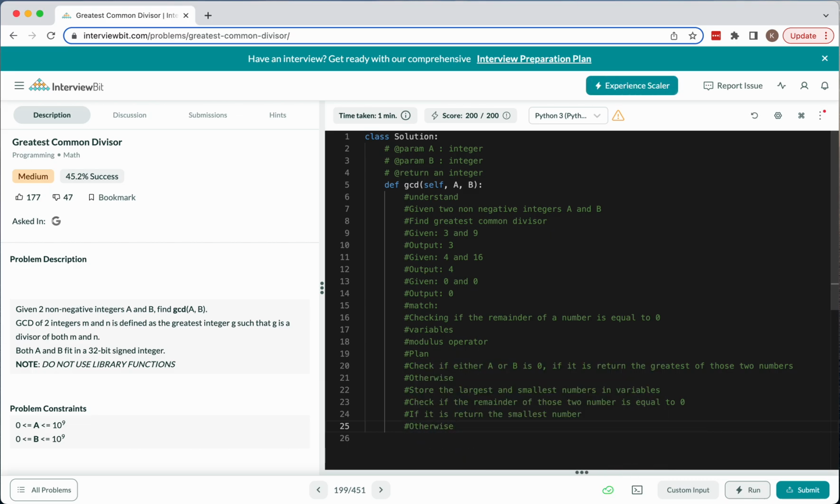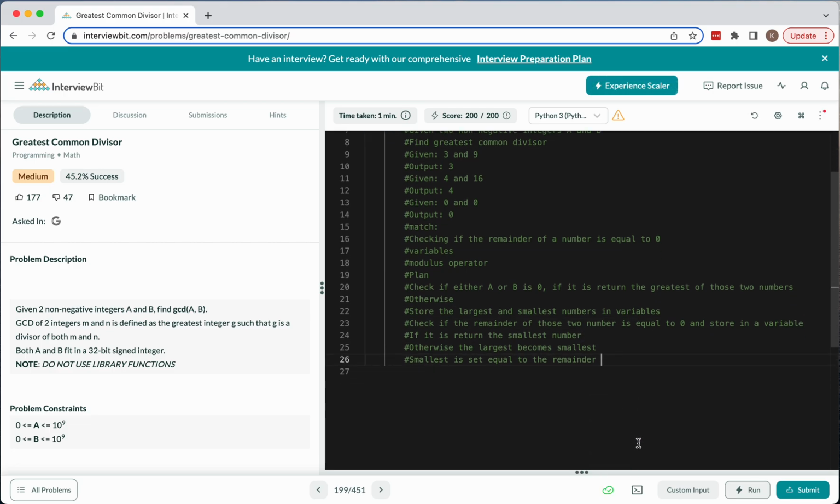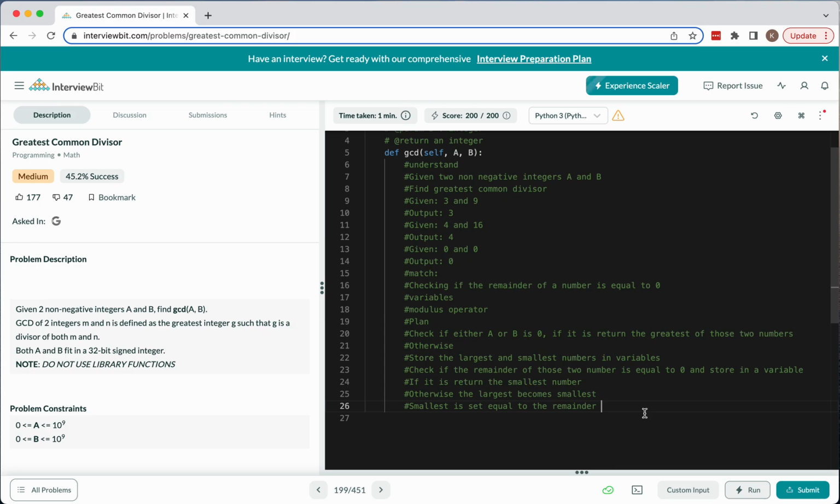Otherwise, the largest becomes the smallest, and the smallest is set equal to the remainder. So you want to store that remainder in a variable as well. Okay, smallest is set equal to the remainder.